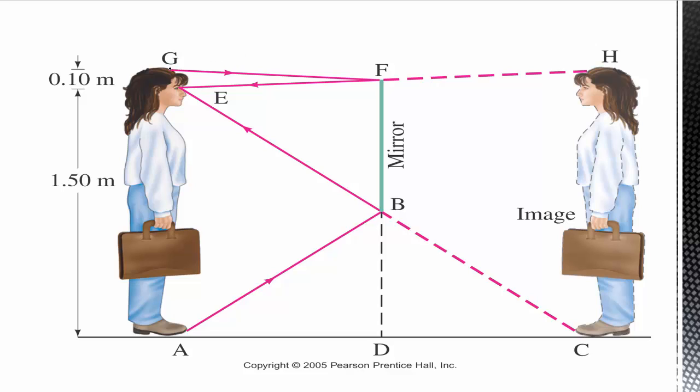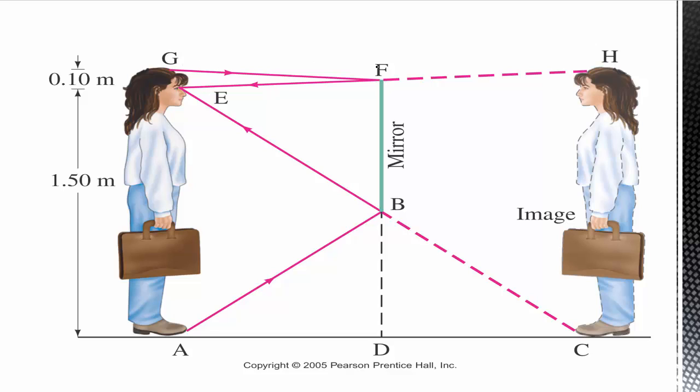If you think about a light ray, and here we're going to start ignoring the bundle thing, because the bundle that hits our eye is going to be pretty small. So we just imagine a ray of light. This kind of represents the bundle of diverging rays that are going to hit our eyes. From the top of our head, it's going to bounce off the mirror, and then hit our eye.